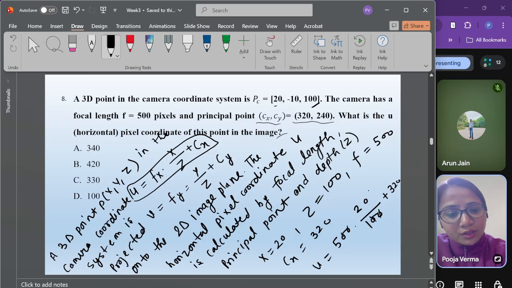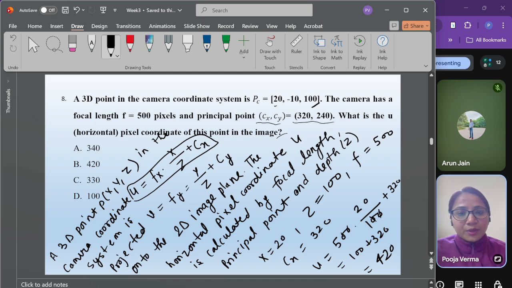So 100 plus 320, overall you will get 420. So this is the pixel coordinate of this point in the image, that is 420. So option B is the correct answer for this question. It is a multiplication here.